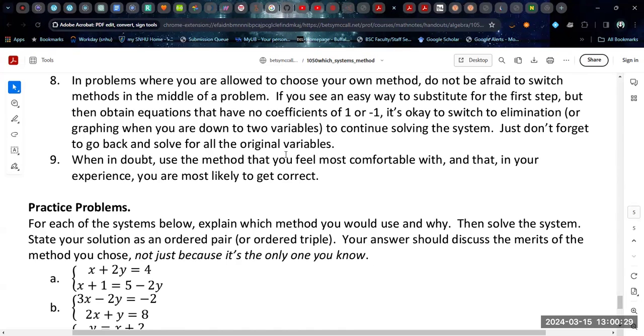Or solve it by elimination and then solve it by graphing and see if you get the same answer. That way you have opportunities to practice, and if one of your solutions is different than the other one, it could be that there's just a mistake and you can try to track down that mistake. And so you'll learn more about the places where you might make errors and where you need to be even more especially careful.